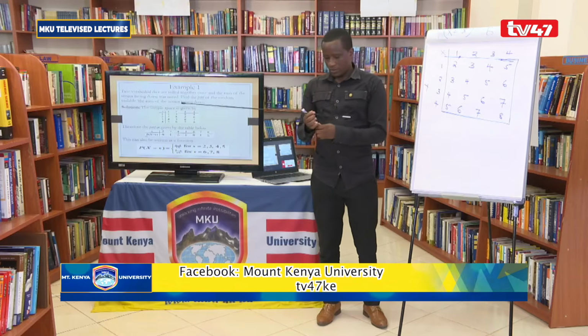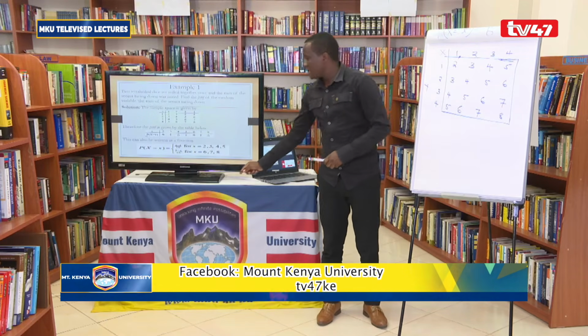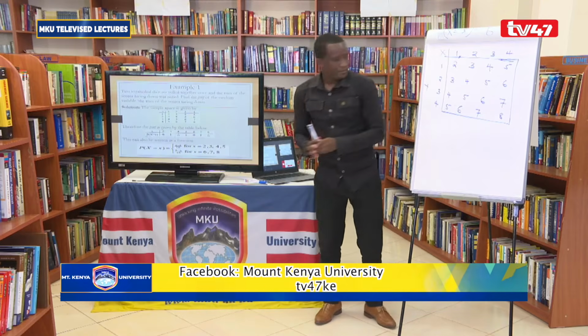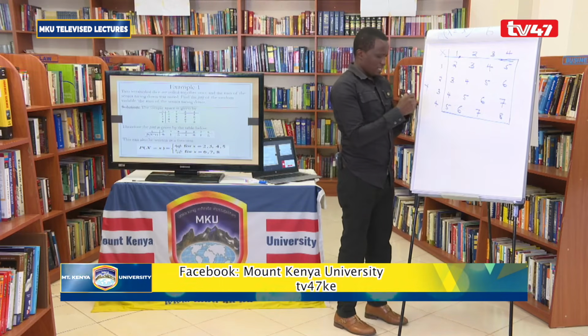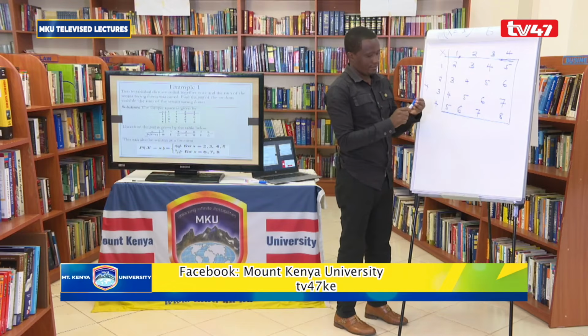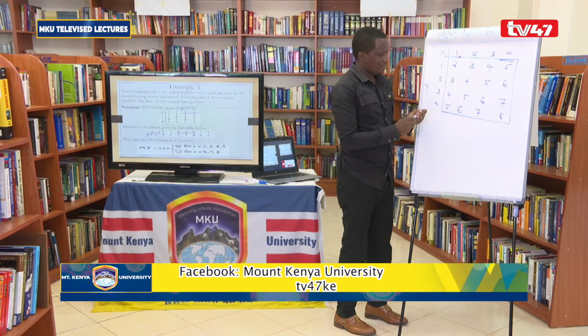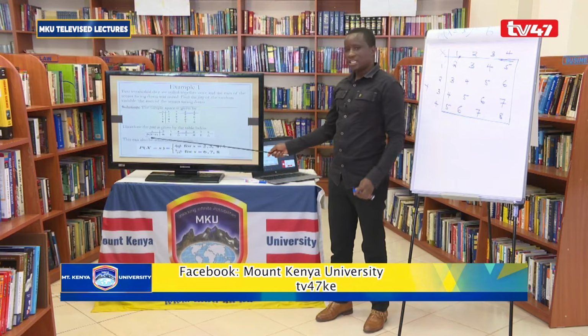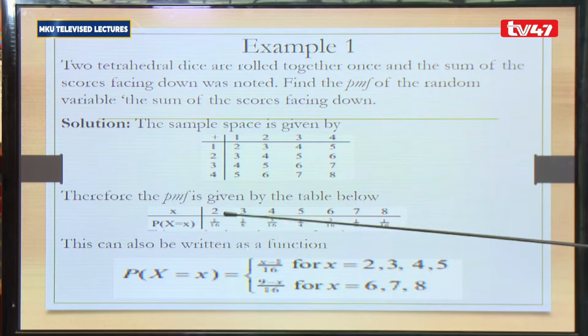So we will create a table with all the observations that we can get, and we label them X, and then we can have a table representing the observations with their corresponding probabilities.